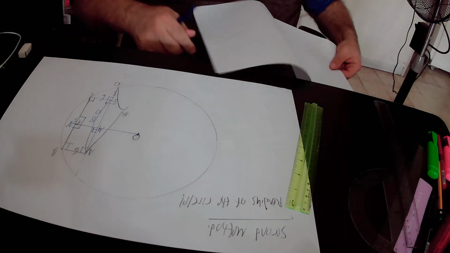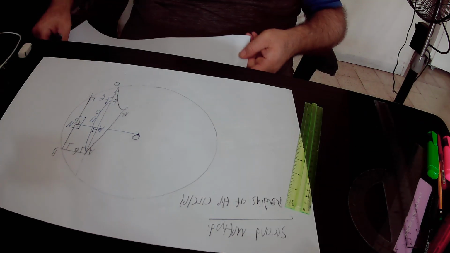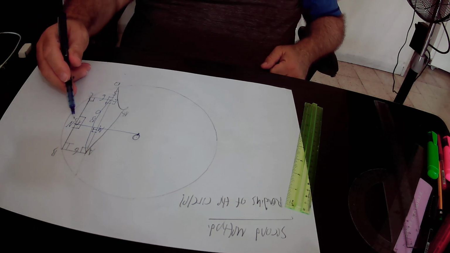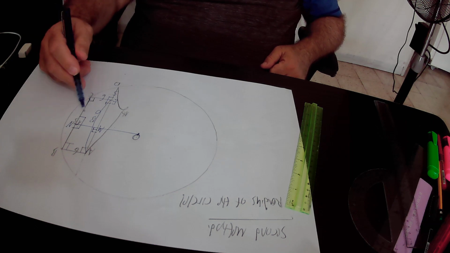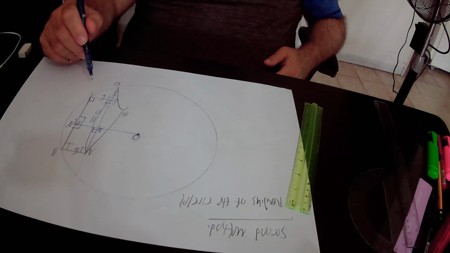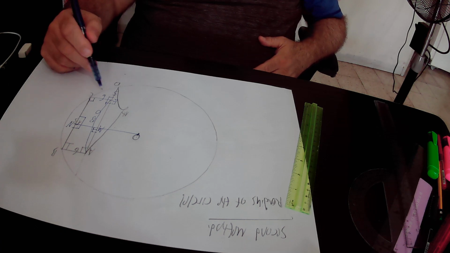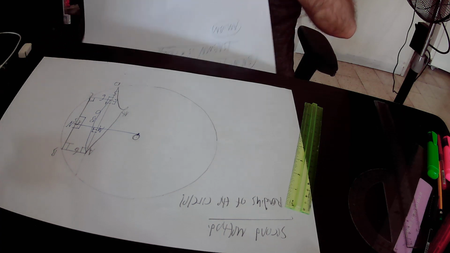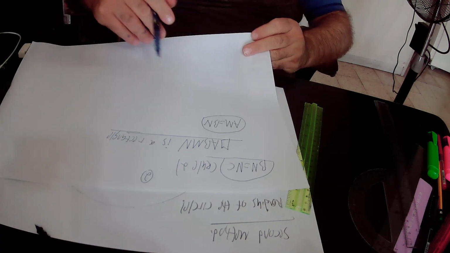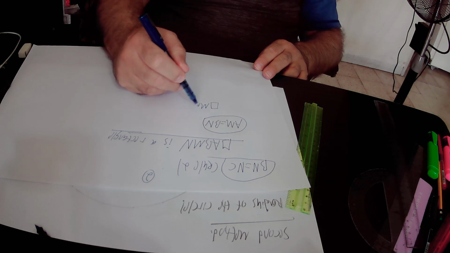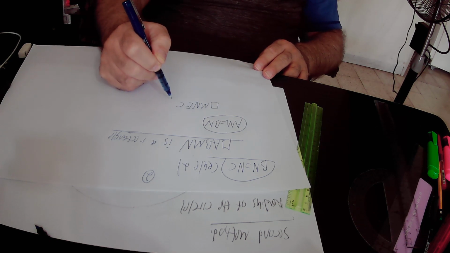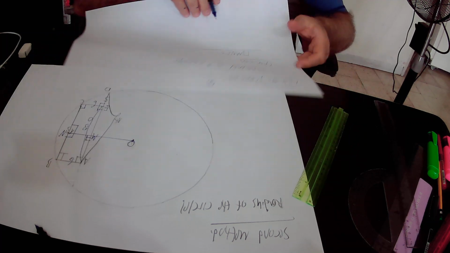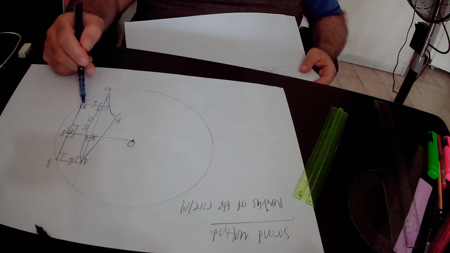In the next step, we will focus on the lower quadrilateral MNEC. In quadrilateral MNEC, we have 1, 2, 3 right angles.